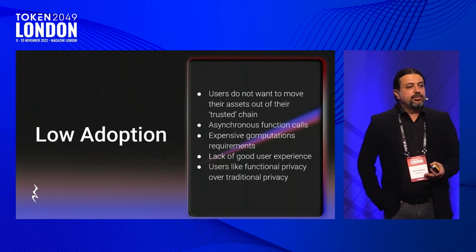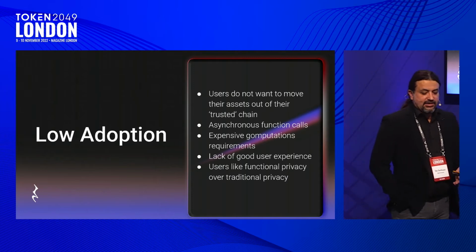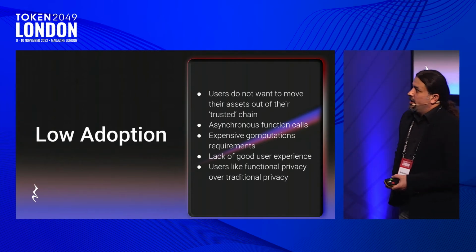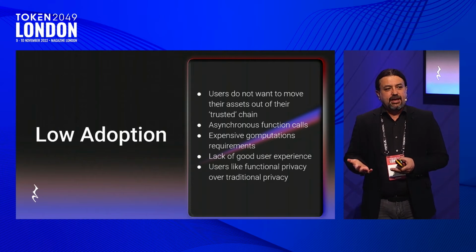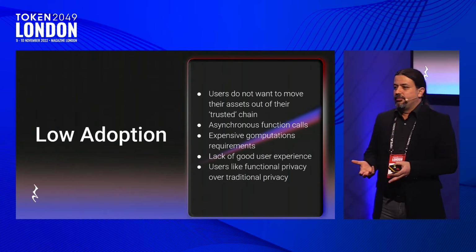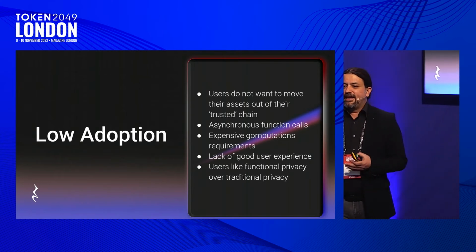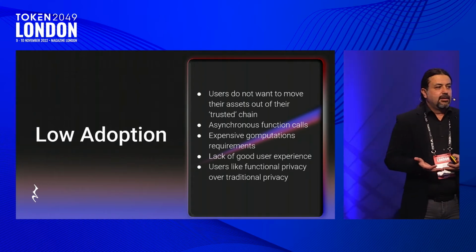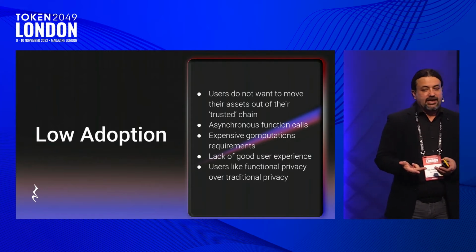But apart from these, we also see that the adoption rate is low as well. We believe that while users want to have privacy, they do not want to leave their so-called trusted environment. They want privacy in the environment where they are already keeping their assets, because they get used to the chain and to the specific application as well.